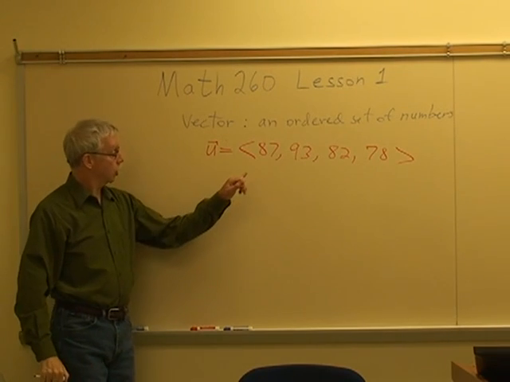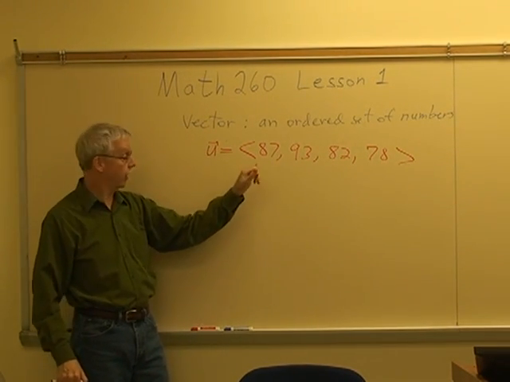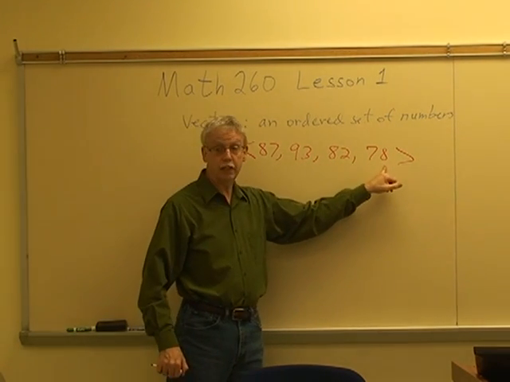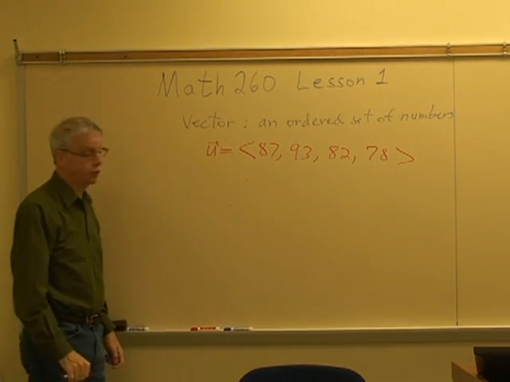That might be used to encode the grades of a particular student on the 4 exams in a class, 87 on the first, 93 on the second, 82 on the third, and 78 on the fourth. It collects them into a group for that student. I give the student's test vector.